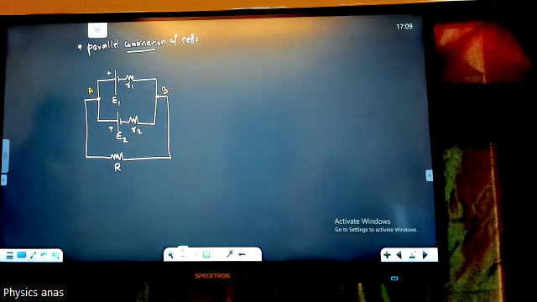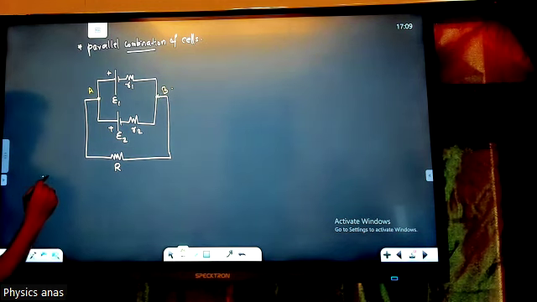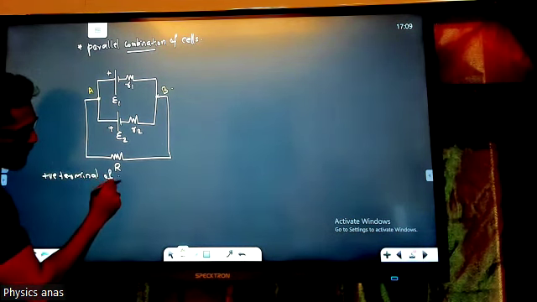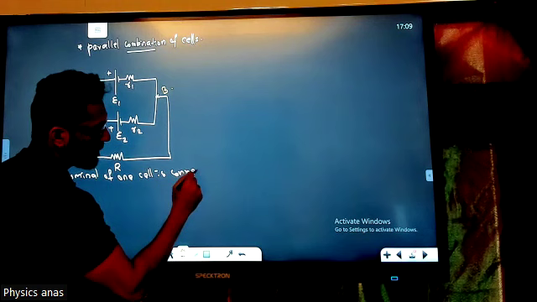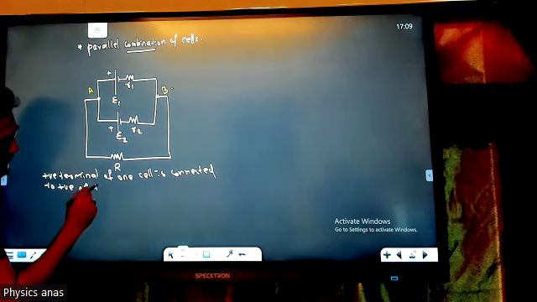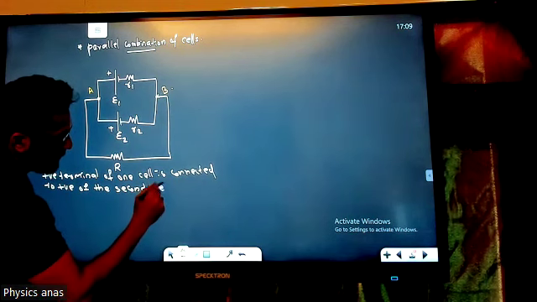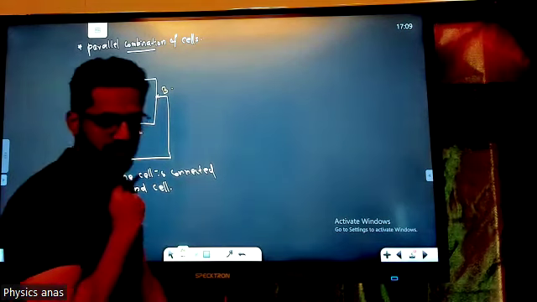The cells are connected in parallel means the positive terminal of one cell is connected to the positive terminal of the second cell. That's parallel combination, right?